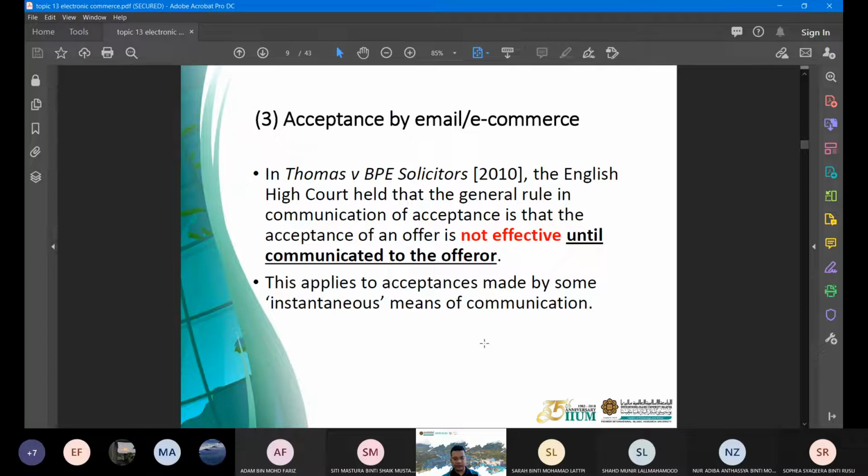So you have to apply instantaneous communication. It means that communication of acceptance is not effective until it is communicated to the offeror. So both offeror and offeree have to acknowledge the offer and acceptance.